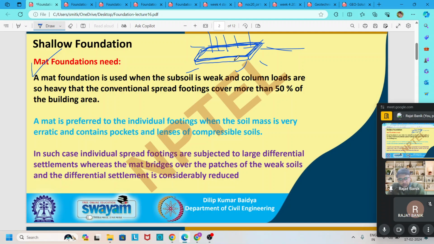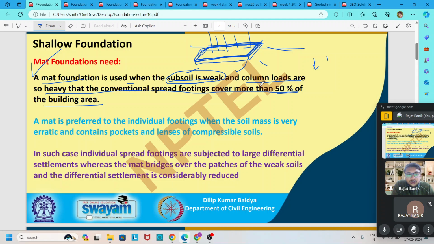It transfers the load of the structure over a large area on the ground. It is said that a mat foundation is used when the subsoil is very weak. We generally use it when the subsoil is very weak and the column loads are so heavy that the conventional spread footings cover more than 50% of the building area. That means the soil is very weak and the structural load is also very high, then we use a mat foundation.